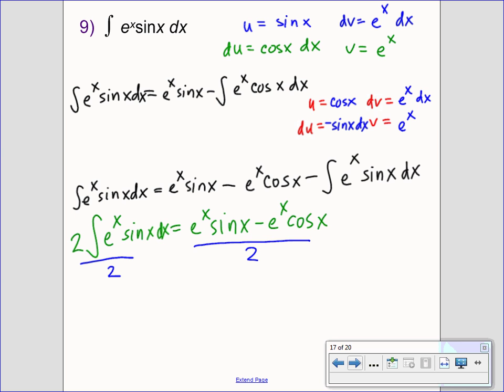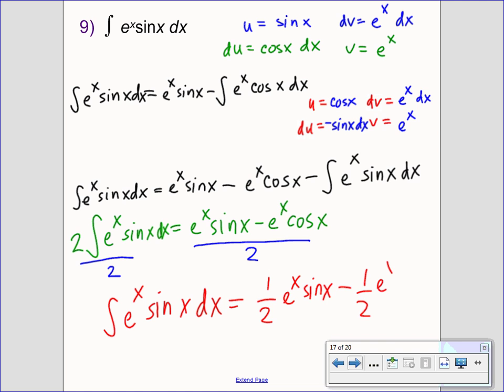That's pretty cool. So my final answer is the integral of e to the x sine of x with respect to x is simply 1/2 e to the x sine of x minus 1/2 e to the x cosine of x plus c.